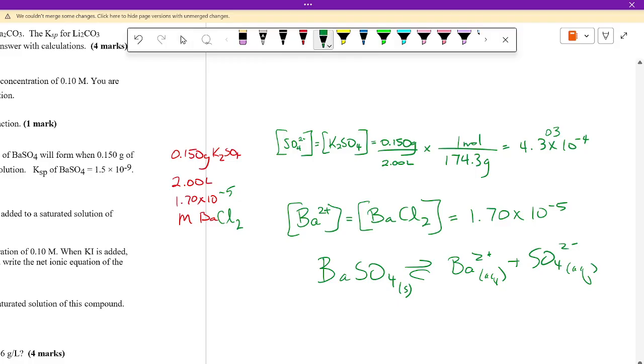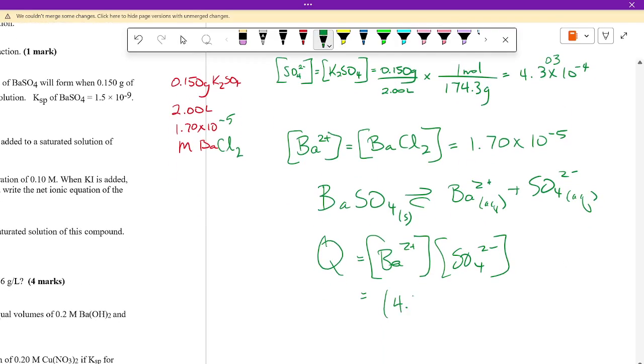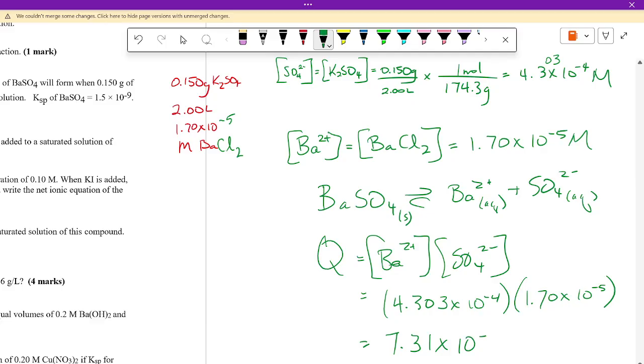Q equals Ba 2 plus times SO4 2 minus, equals 4.303 times 10 to the negative 4 molar, I should have a molar up there, and 1.70 times 10 to the negative 5, equals 7.31 times 10 to the negative 9.